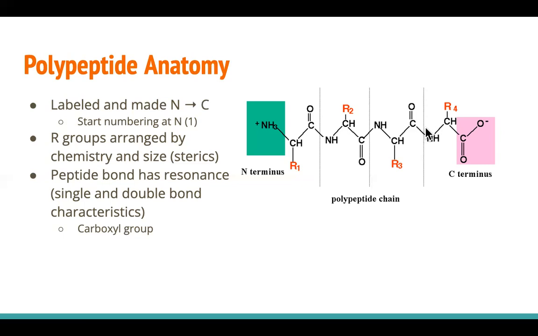When it's neutral, it's an OH and then this is NH2. But when it is charged, the amino group becomes an NH3, so that makes it positive. And then the oxygen loses its H, so then it becomes negative. You don't need to worry too much about it, but it is something that happens because of different pHs and depending on where it is. Does that make sense? Okay.